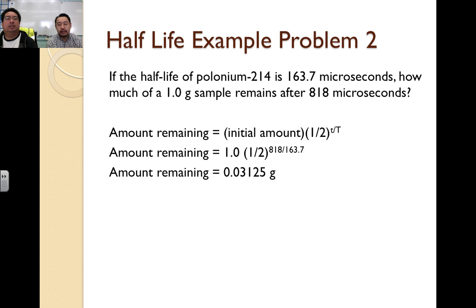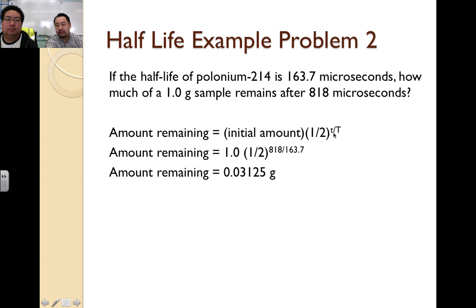I'll let you do 2. In this example problem, we're going to start using the little t, big T information. If the half-life of polonium-214 is 163.7 microseconds, how much of a 1 gram sample remains after 818 microseconds? We have our initial amount given as 1.0 grams.